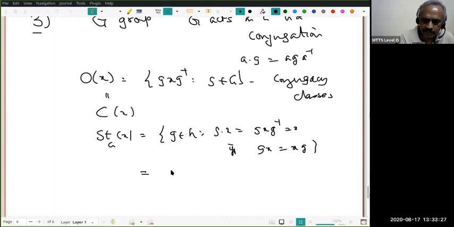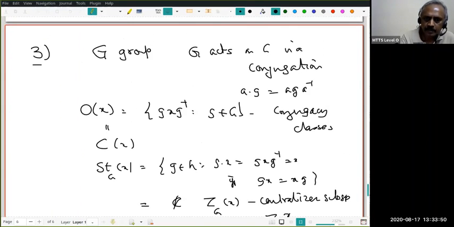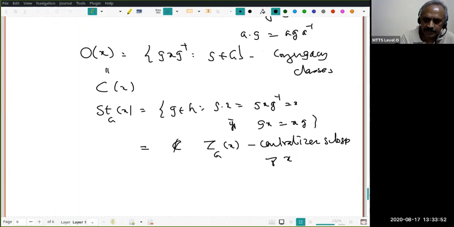Therefore, this is known as the centralizer subgroup. Let me call it the centralizer subgroup Z_G(x). Is that clear? Okay, this is the preliminary we needed.